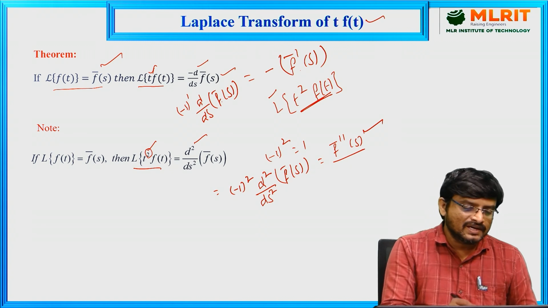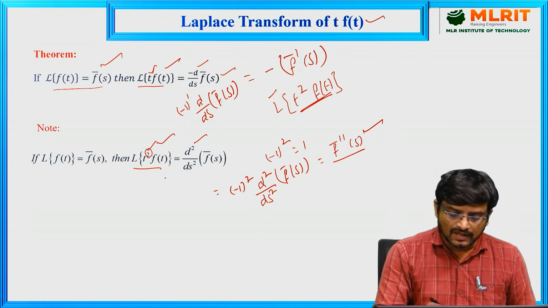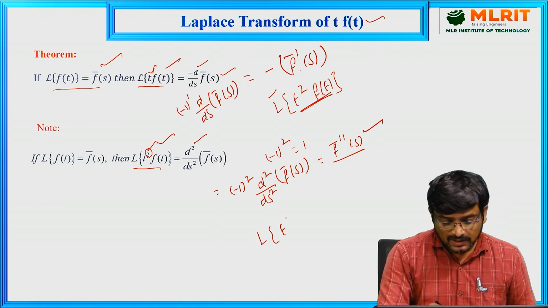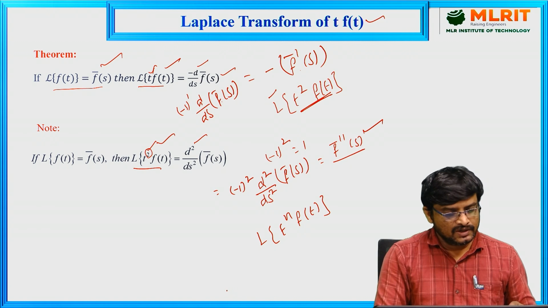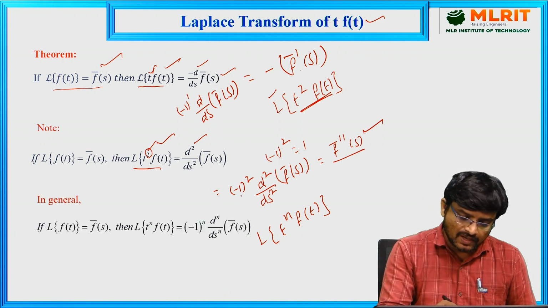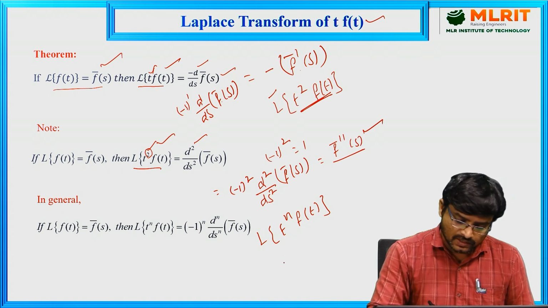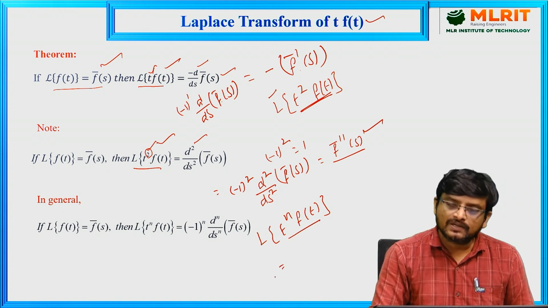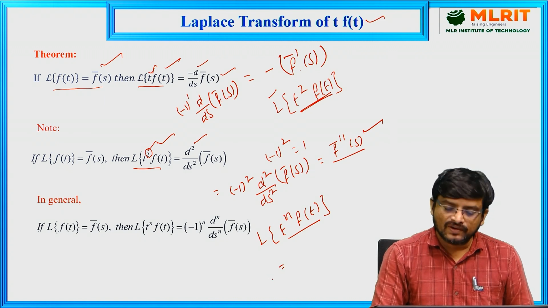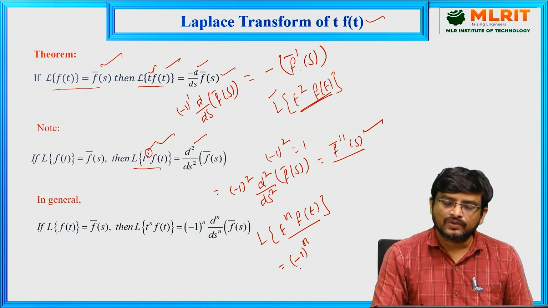Now by generalizing the first and second formulas, we get the Laplace transform of t power n into f of t. Whenever the power of t is 2, we have taken minus 1 whole square. Now for t power n into f of t, the power of t is n, so we consider minus 1 whole to the power of n.